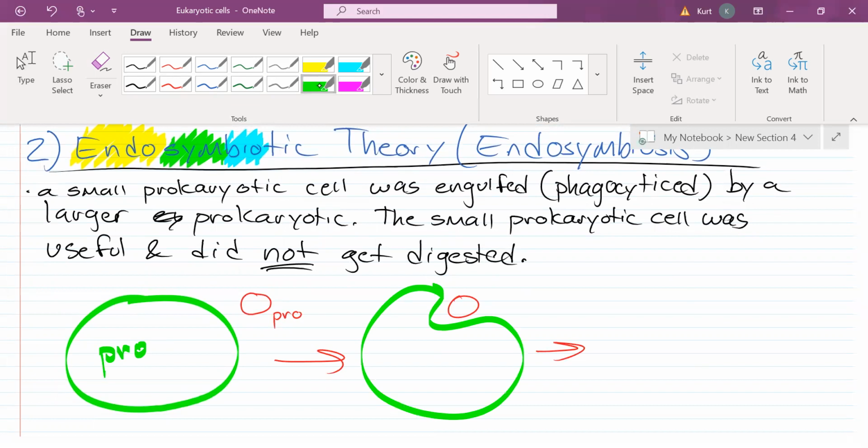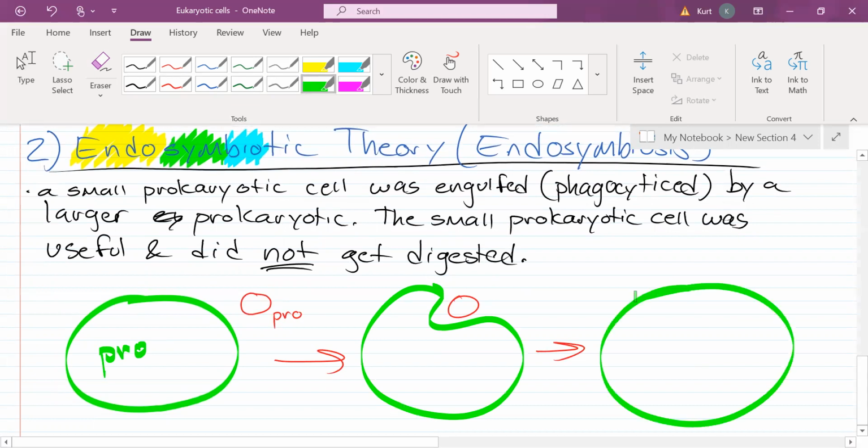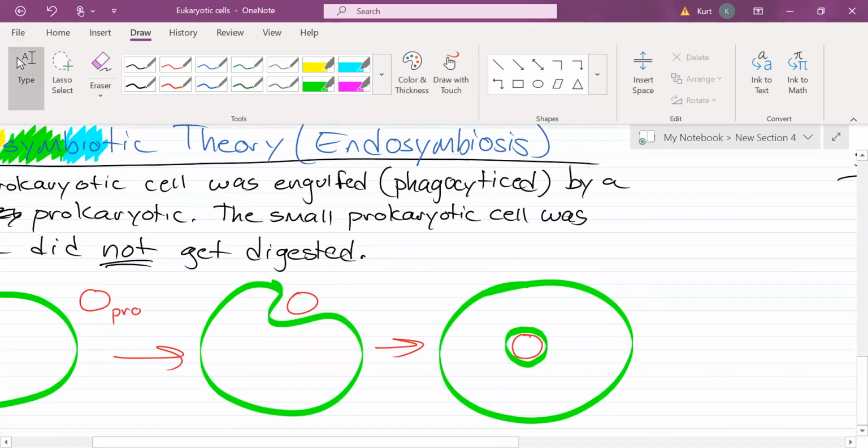But then something strange happened that really shouldn't have happened. The small prokaryotic cell did not get digested. It became part of it. And what I need you all to realize is that this green layer right here, that is a phospholipid bilayer.